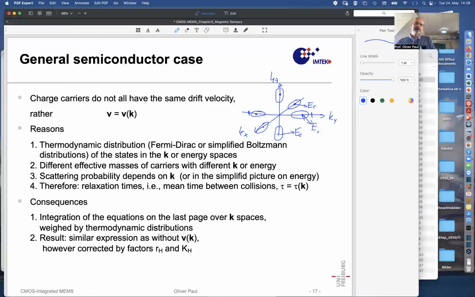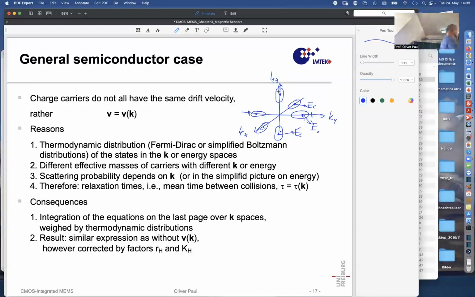And then you can associate with each carrier also a velocity, and that's given by the derivative of the band structure with respect to k. So every carrier in these occupied states has its own velocity depending on where its k is.